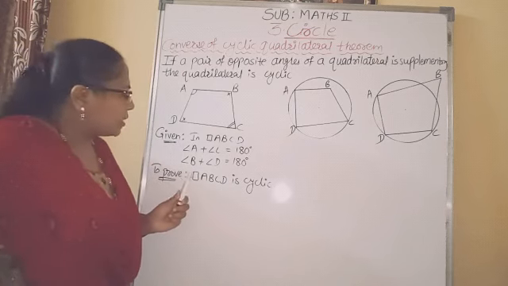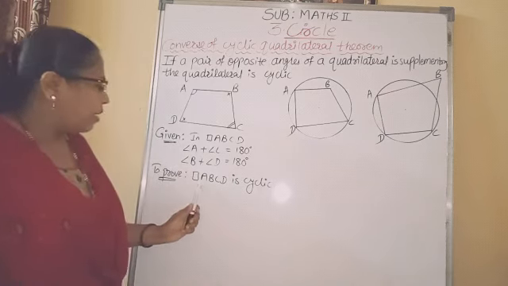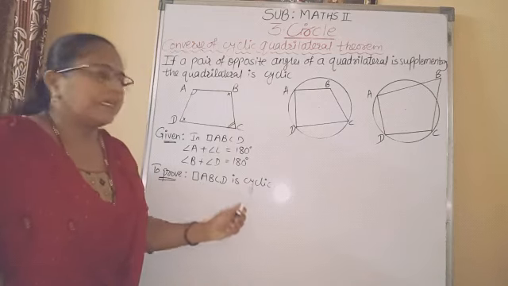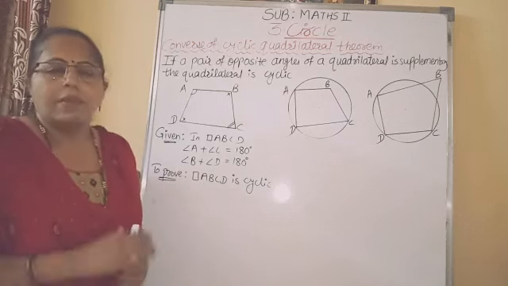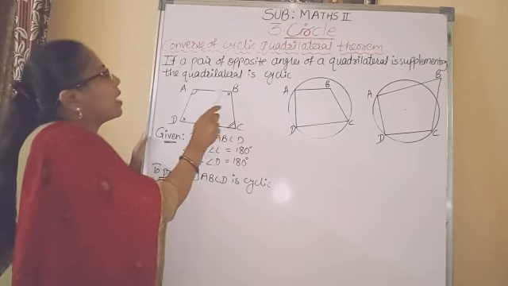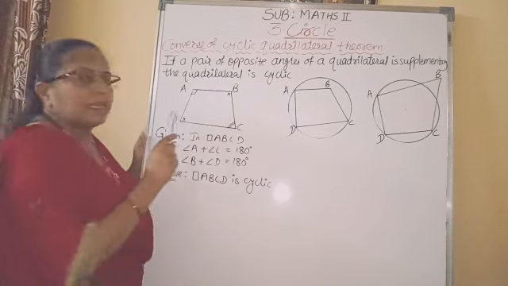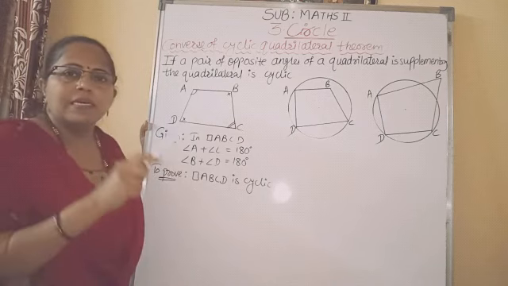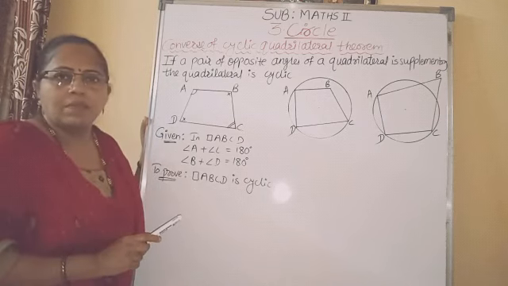Okay. Now student, we have to prove quadrilateral ABCD is cyclic. Means what we have to prove? That each vertex of this quadrilateral is on the circle.